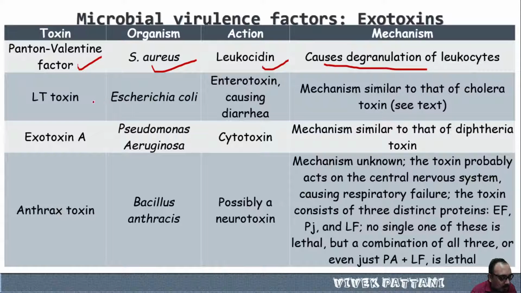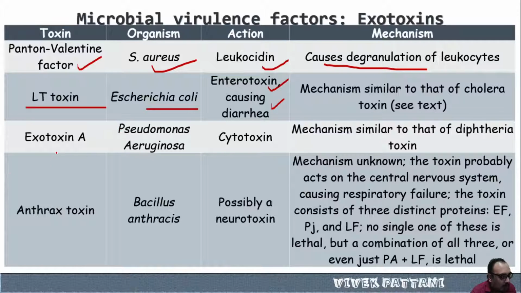Next comes the LT toxin, which is produced by Escherichia coli. It's an enterotoxin which causes diarrhea, and its mechanism is similar to that of cholera toxin.